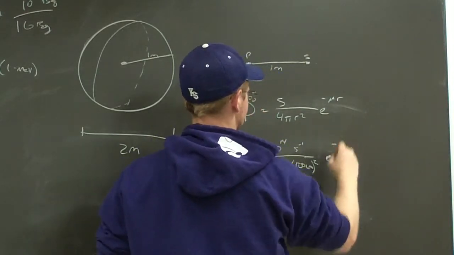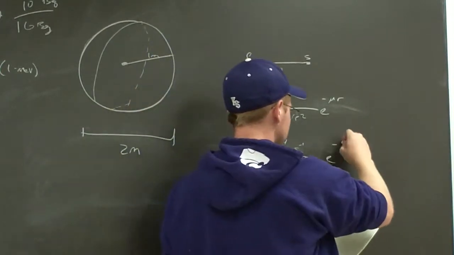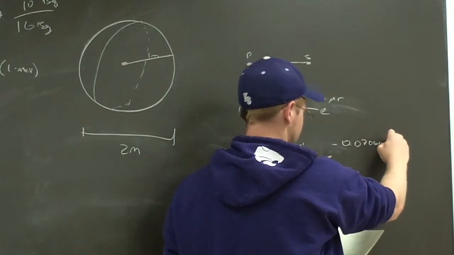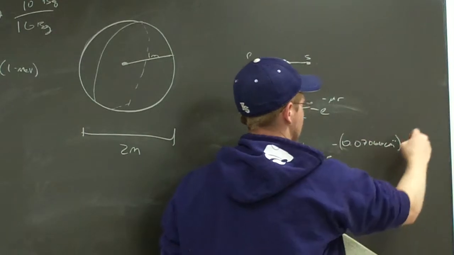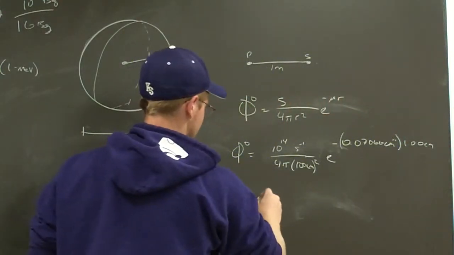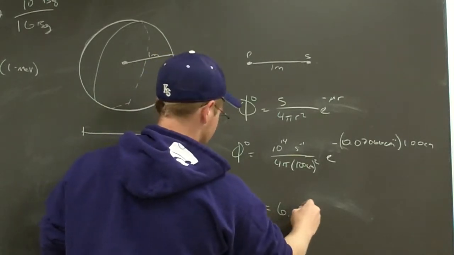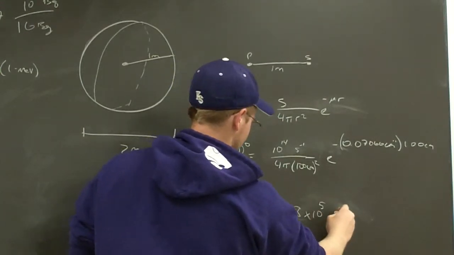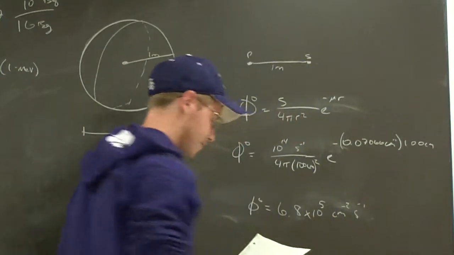Times e to the minus mu, and mu for water from Shield Details is 0.07066, times 100 centimeters. So we get that the uncollided flux is 6.8 times 10 to the 5 per centimeter squared per second.